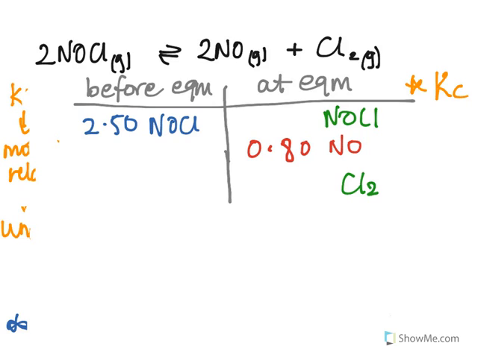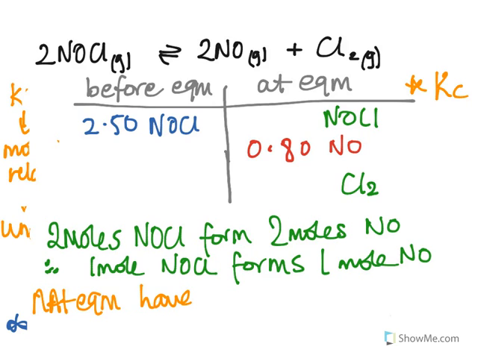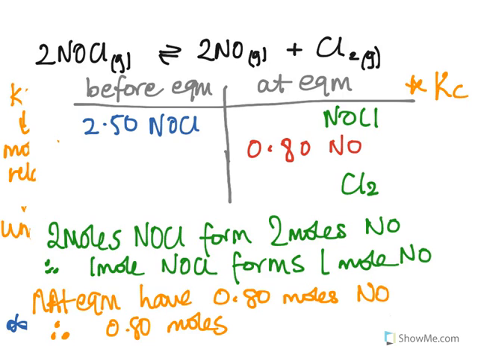From our equation, we can see that 2 moles of NaCl form 2 moles of NO, and of course what that means is that 1 mole of NaCl forms 1 mole of NO. And of course the question tells us at equilibrium we have 0.80 moles of NO. And what that tells us therefore is that 0.80 moles of NaCl must have reacted, since it's a 1 mole relationship.